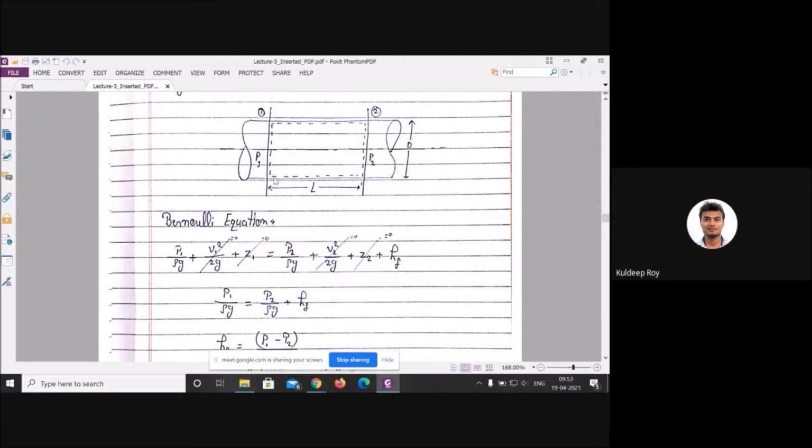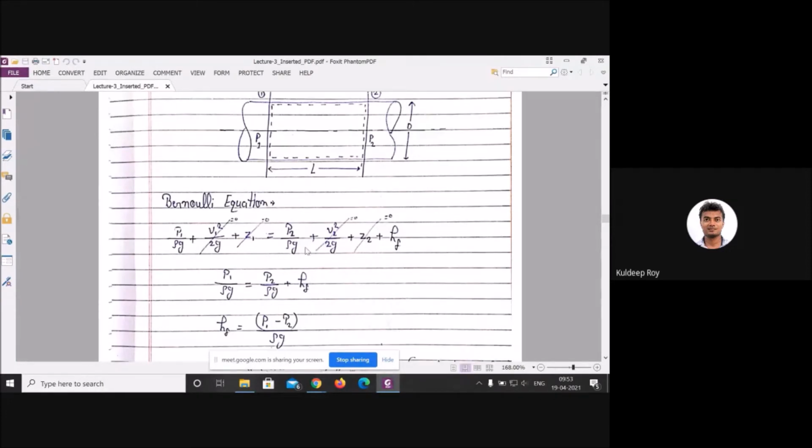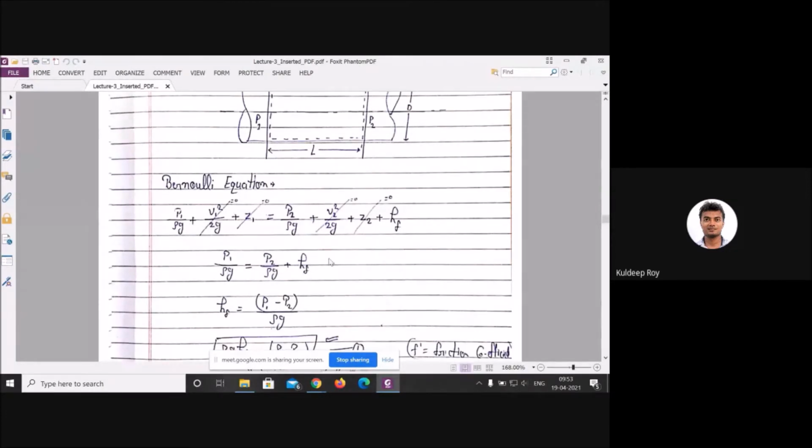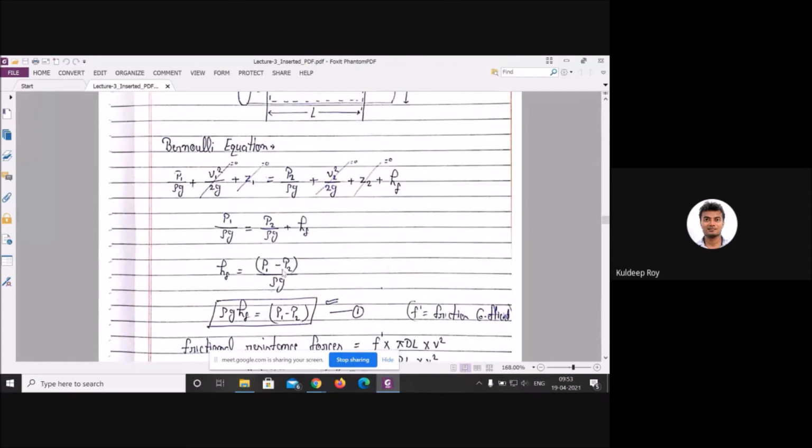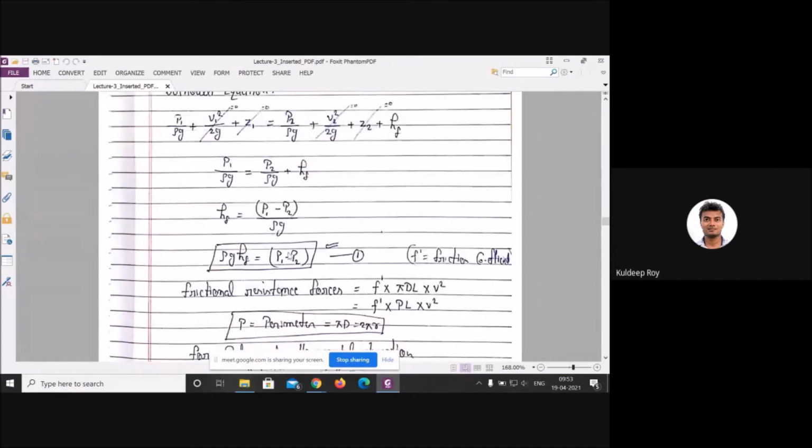The fluid will go from this position to this position only. Then P1 divided by rho g equals P2 divided by rho g plus hf. Now to determine, hf will be P1 minus P2 divided by rho g.